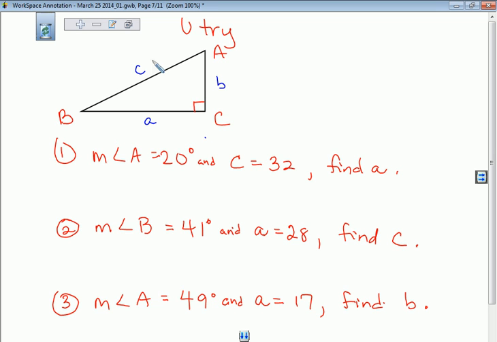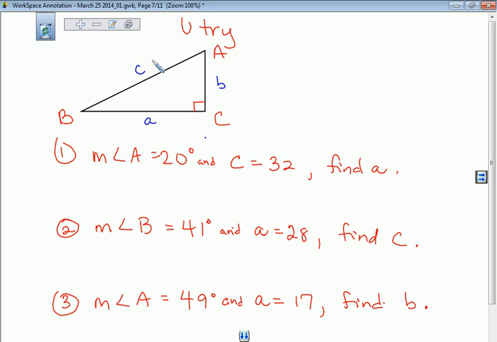Well, that's probably not right. Actually, that might be right. It gives me angle A is 23. That's the last one. C is 49. But it says find little a, right?